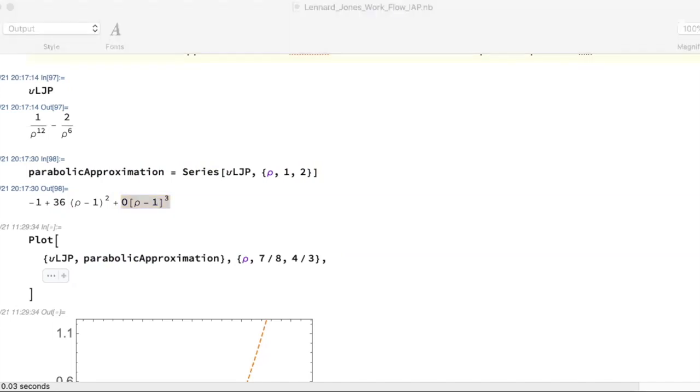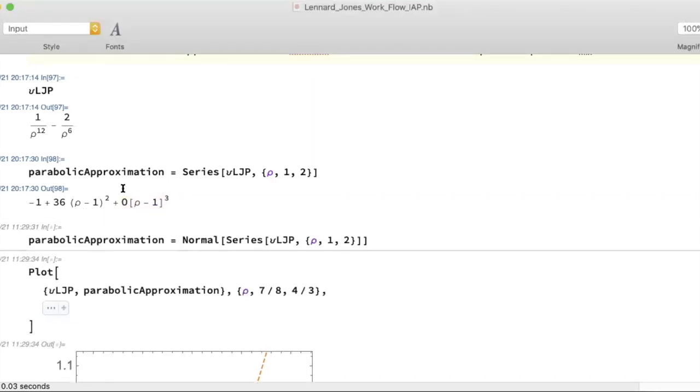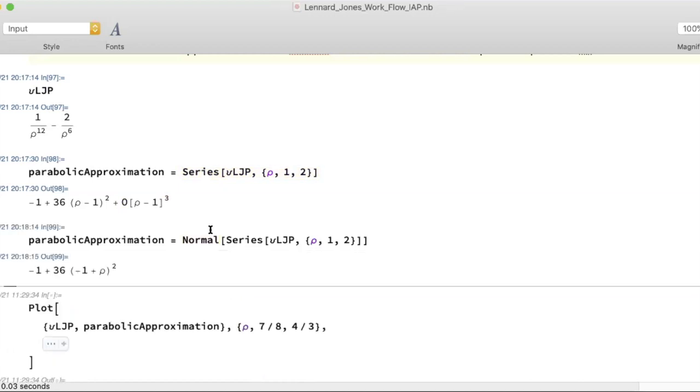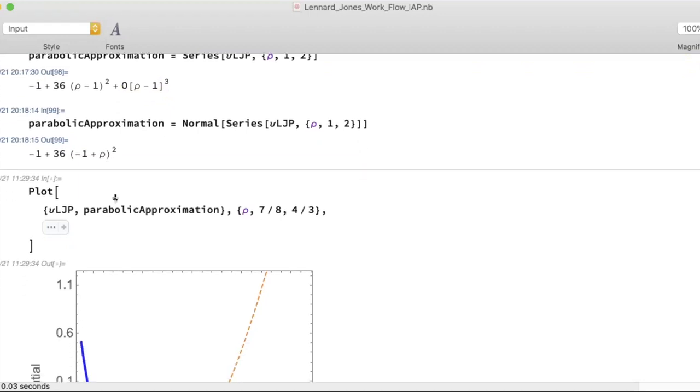Okay, so if I want to do a subsequent calculation on that, I have to get rid of this order term. And so what I'm going to do is say, take the normal form of this object. So I have this object sitting here, which I can go ahead and plot.